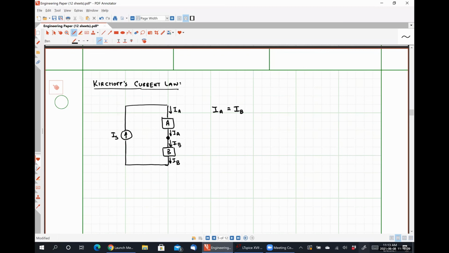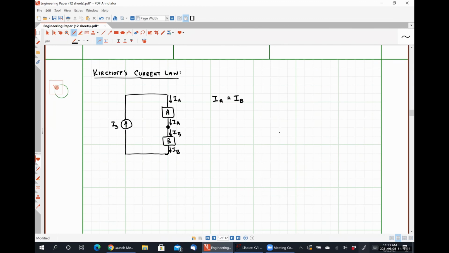So we can view this perspective as the current flowing into a node has to equal the current flowing out of a node. This sentence is more commonly known as Kirchhoff's current law.